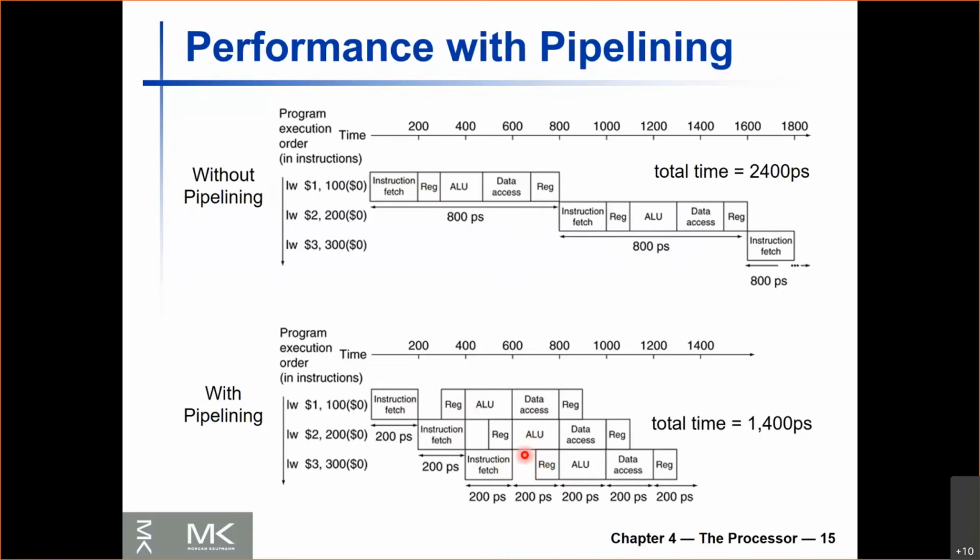So we have to wait for the previous instruction to finish using the ALU before we can use it. That's why even though the instruction decode needs 100 picoseconds, we need to give it 200 picoseconds, because we won't be able to use the next stage anyway.